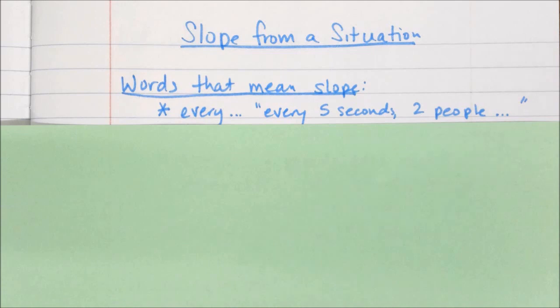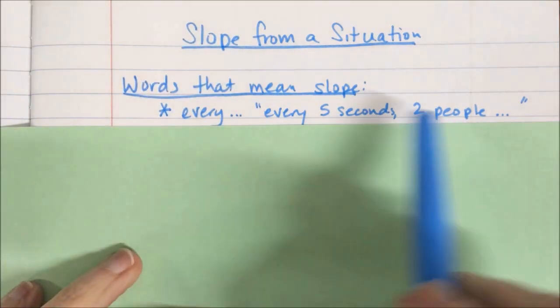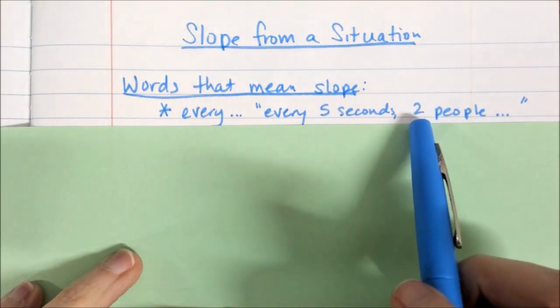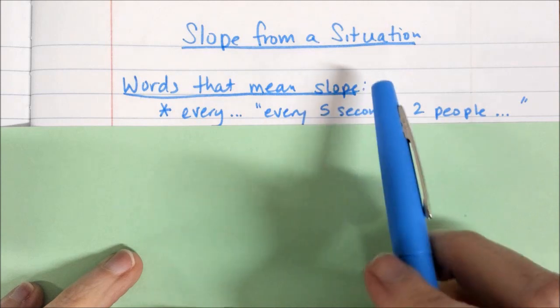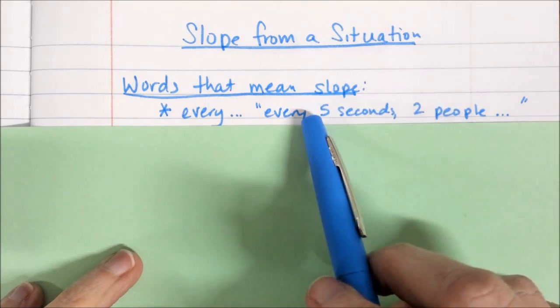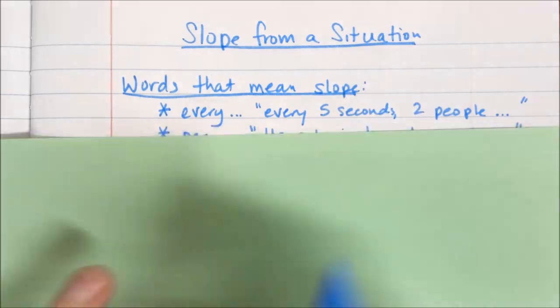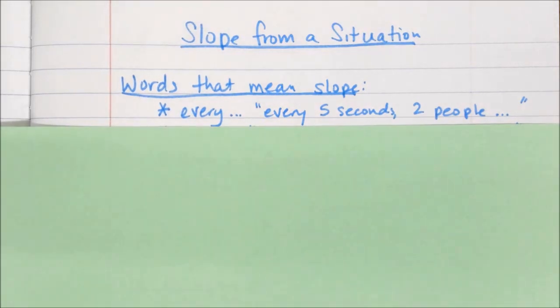So for example, you might see every 5 seconds 2 people hike down a mountain or 2 people buy a car. I don't know what they're doing, but every something people are doing it. When we look at slope, I don't want to know every 5 seconds 2 people. I want to write 2 people per 5 seconds, and then rewrite that as a rate.